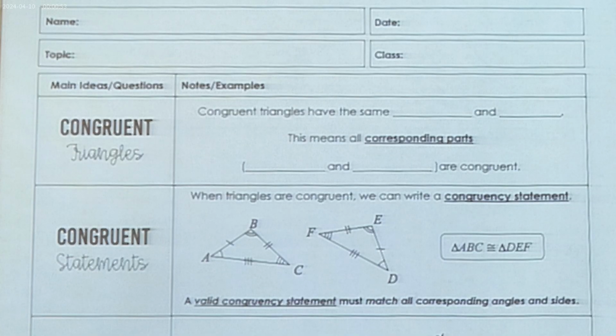If you know that two triangles are congruent, then you know a piece of information about a triangle, and you know that same information about the other triangle. Like before, if you had two triangles that were similar, you knew hopefully that the angles were equal.